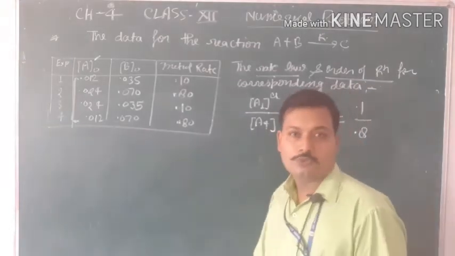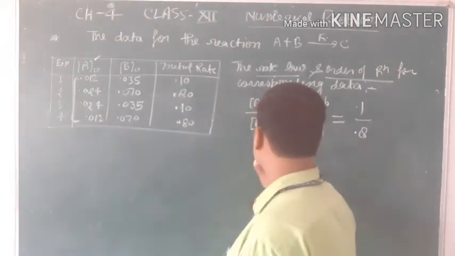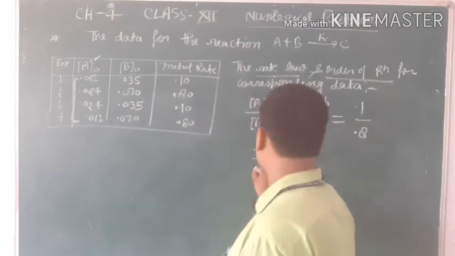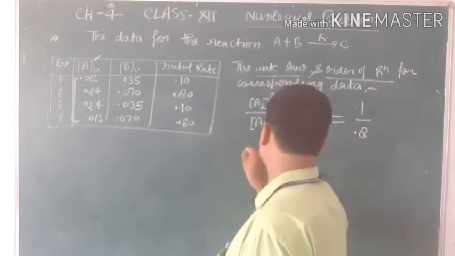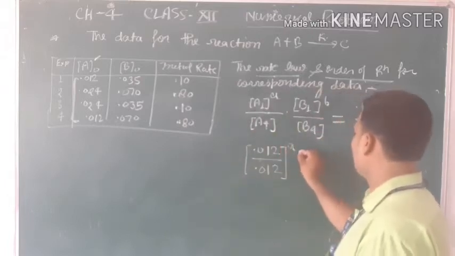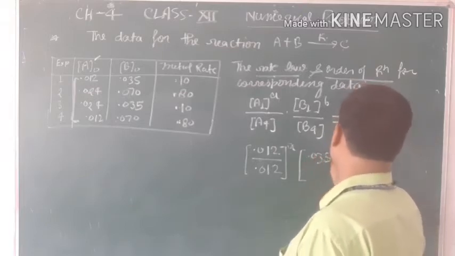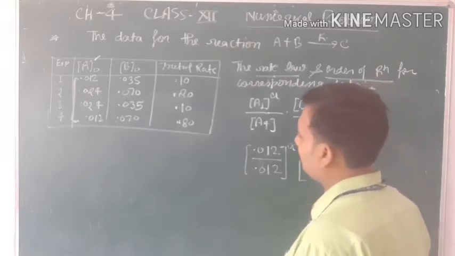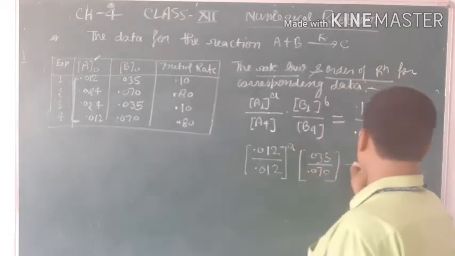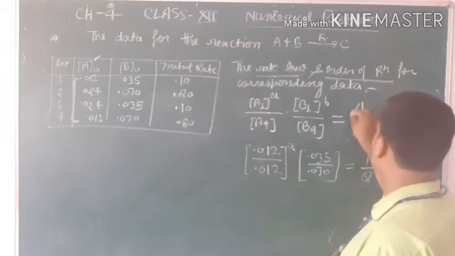Okay, so here what is the value of A1? This is 0.012 upon 0.012 to the power a. Similarly, here B1, this is 0.035 upon 0.070, which is equal to 1 upon 8.